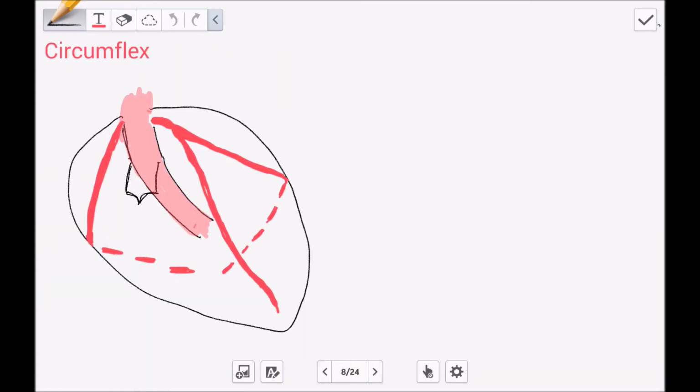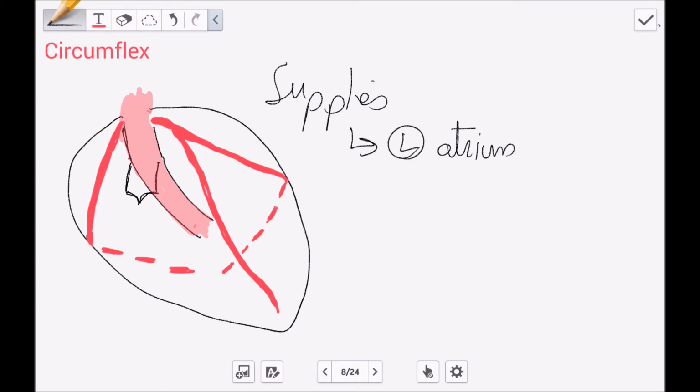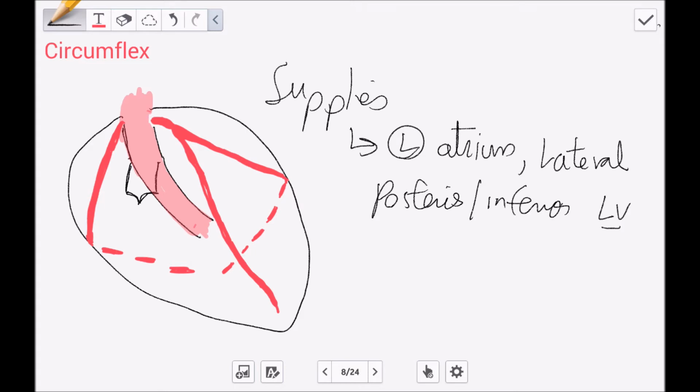So the next one will be the circumflex, and this is the second branch of the left main. It supplies the left atrium. It supplies the lateral, the posterior, and the inferior part of the left ventricle. Also, in about 45% of people, it supplies the SA node.